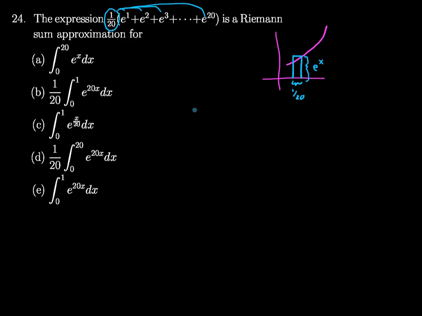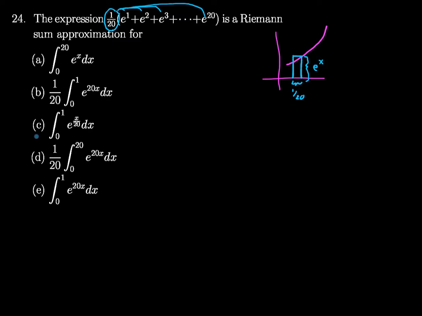Now, I said that we were using a right Riemann sum. Depending on the function it doesn't have to be that case, but if I look at these, all of these x values end at e to the 20th. Except for this one right here, this is e to the 1 over 20th.